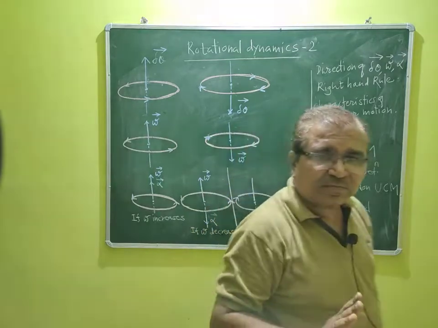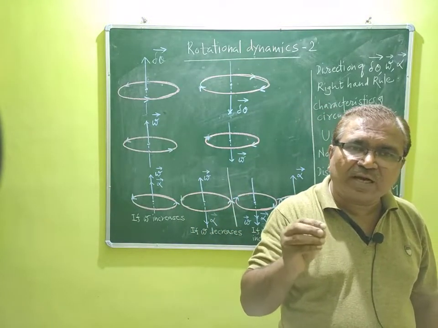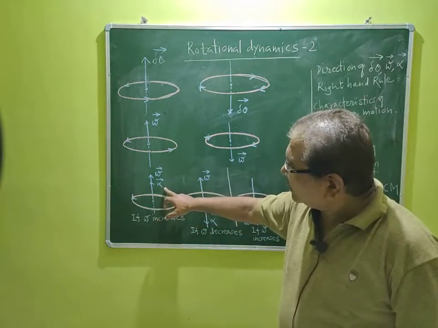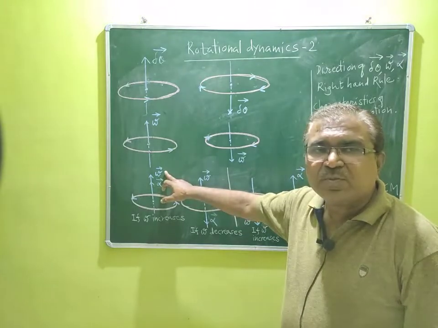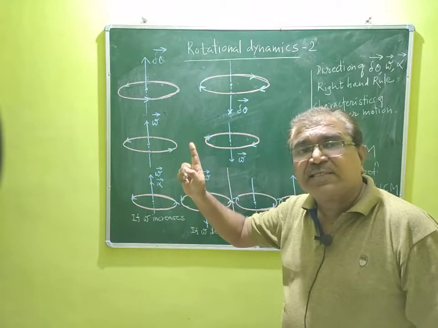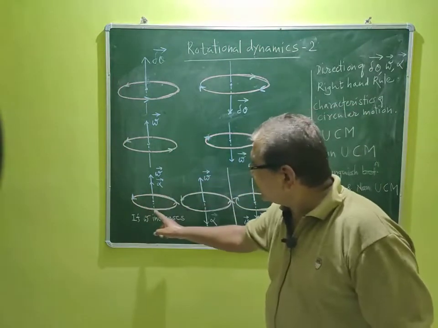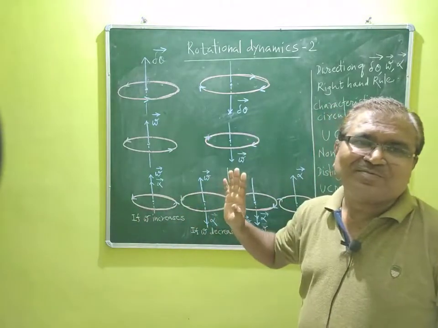When angular velocity omega increases, both are along the same direction, which is upward, for a particular anti-clockwise circular motion.